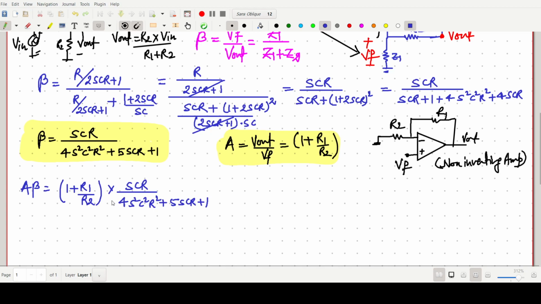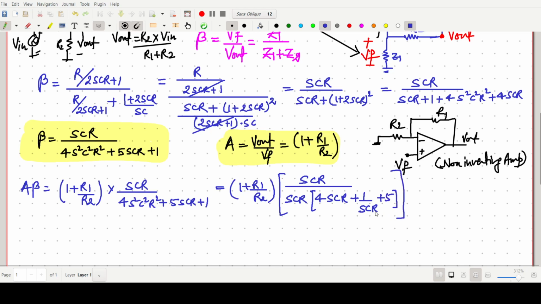Now we have to solve. It is very easy. One can do 1 plus R1 by R2, then if we take SCR common in the numerator and denominator, it should be 4 SCR plus 1 by SCR plus 5.